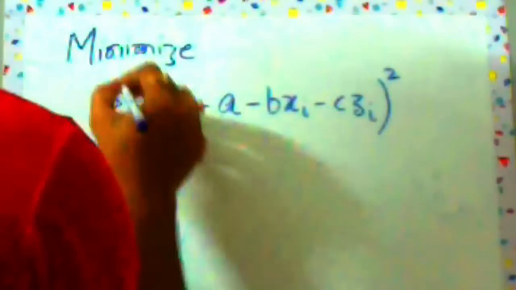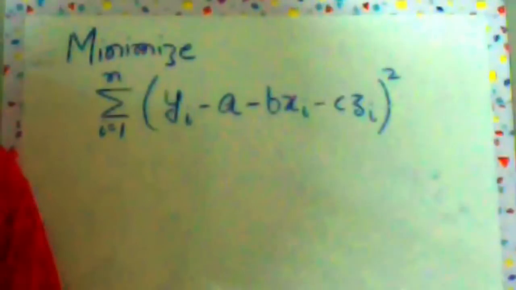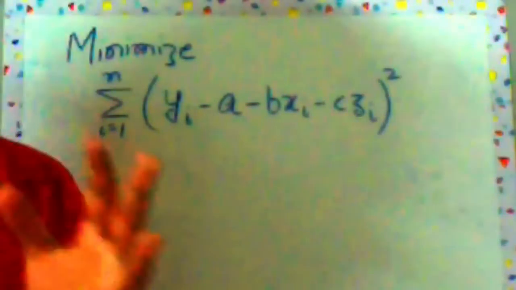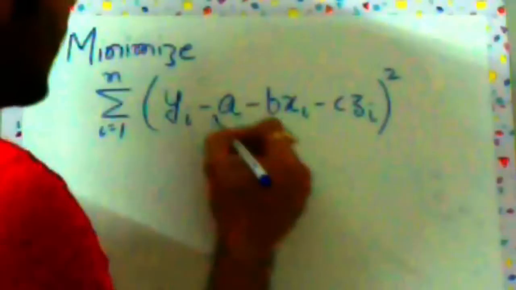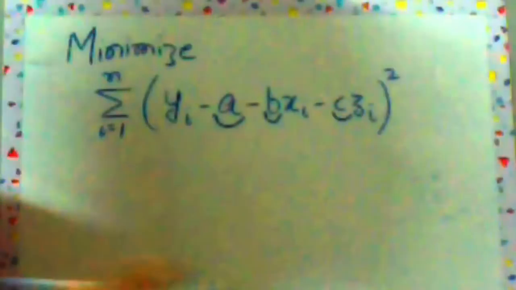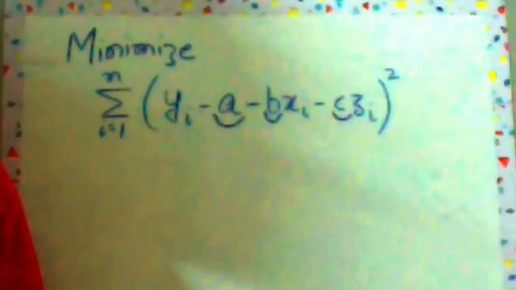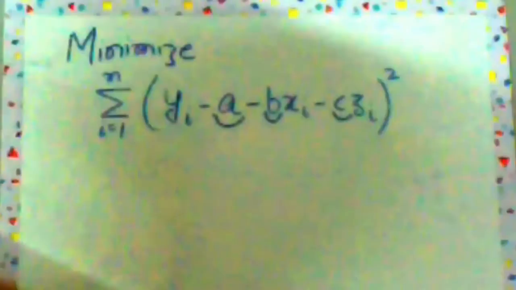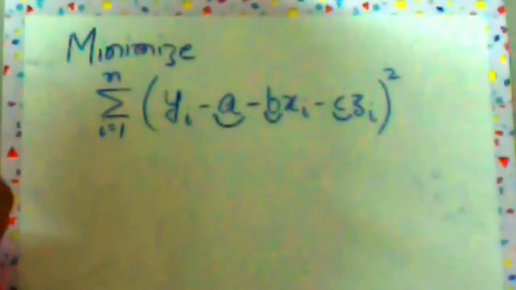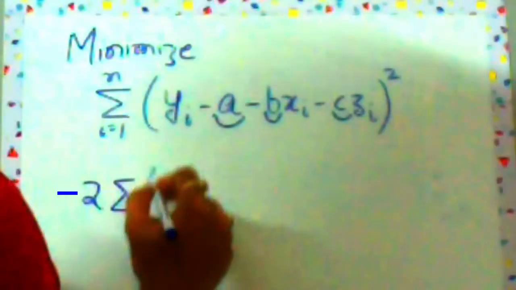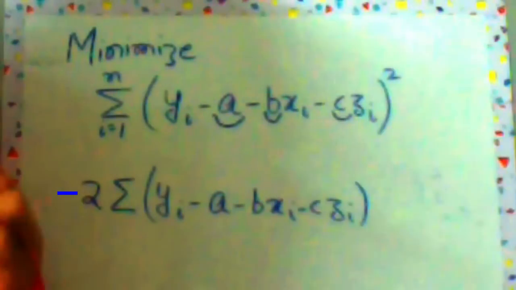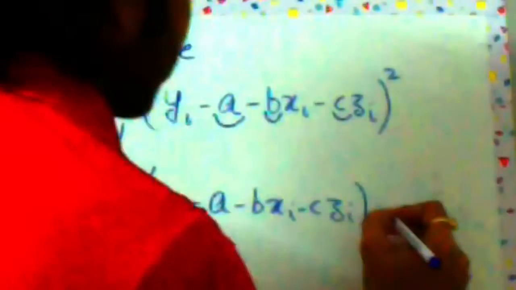And if you just recall our previous lectures, we need to differentiate this and get normal equations. So let's differentiate with respect to a, b and c, because these are the parameters we are trying to estimate based on this least square estimation principle. Differentiating it with respect to a, we will get this, and we have to put this equal to 0.